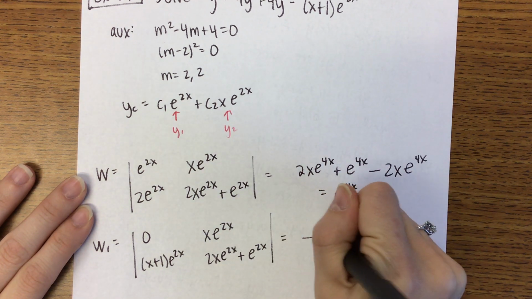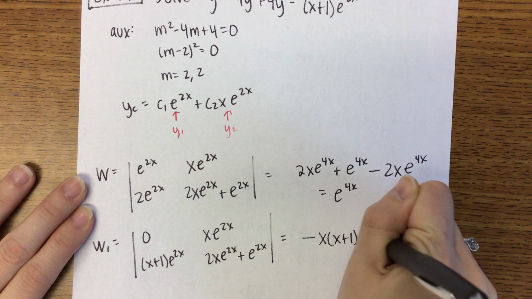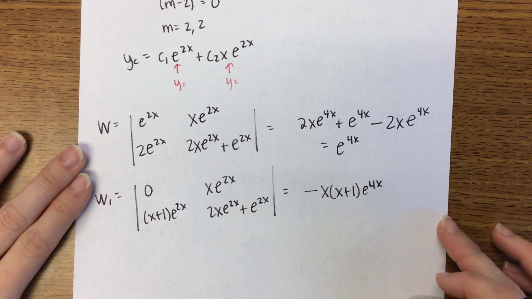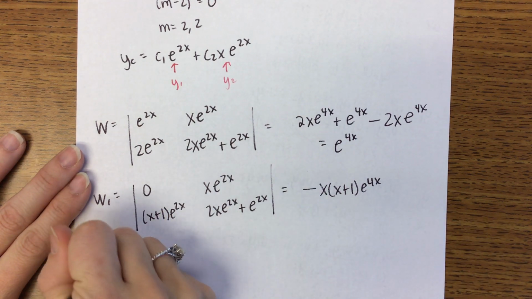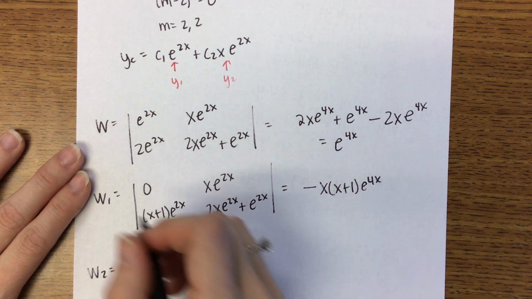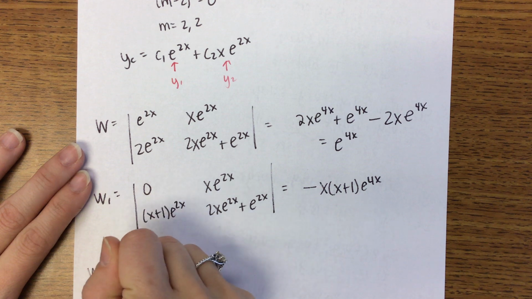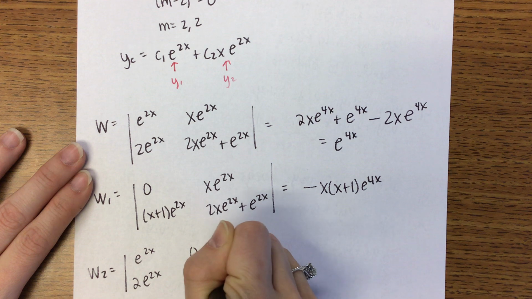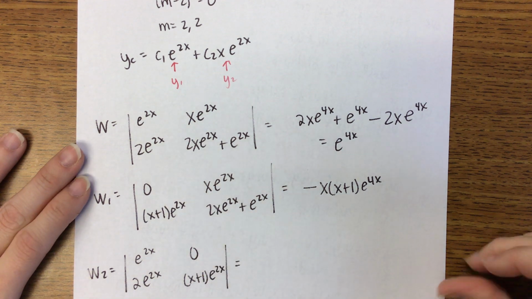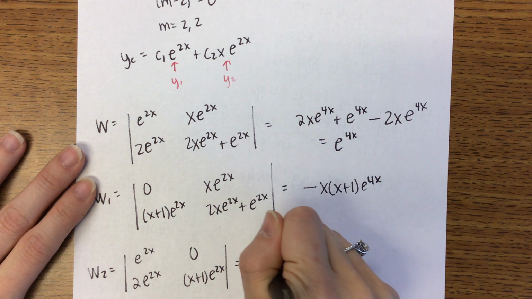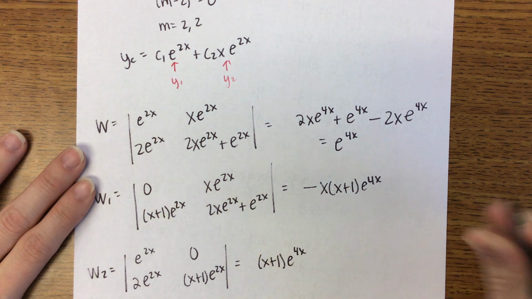So we get negative x plus 1, e to the 4x. W2 then, replace the second column with 0 and then f of x. This is x plus 1, e to the 4x.